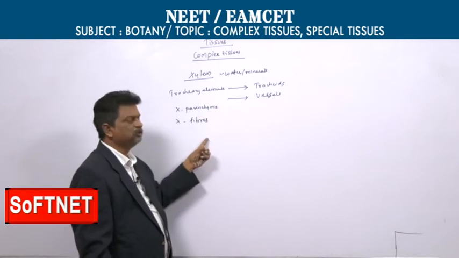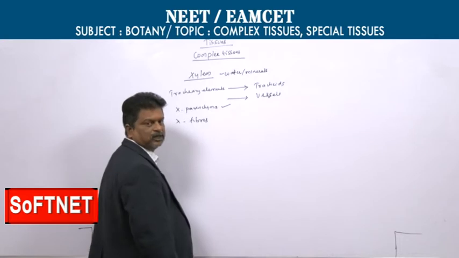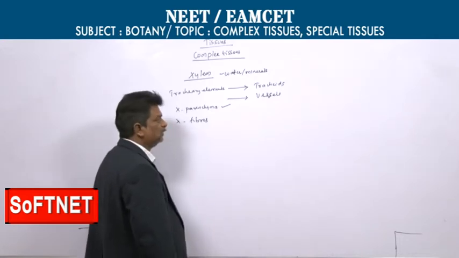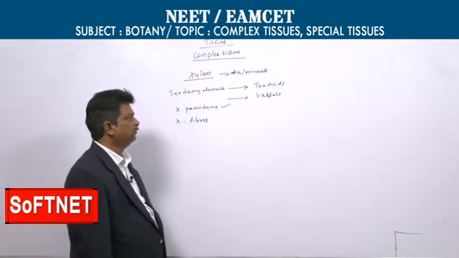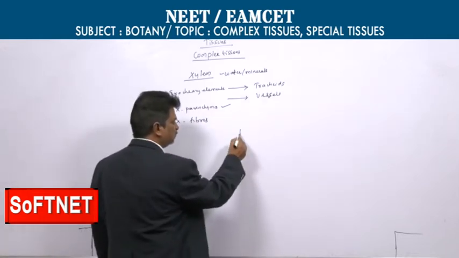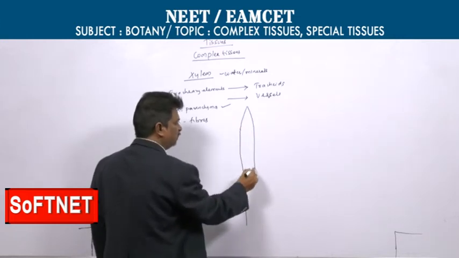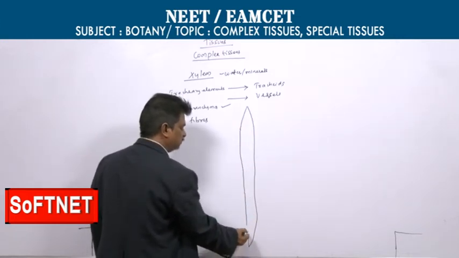Complete xylem is dead tissue, but the living tissue of xylem is xylem parenchyma. Then first one, tracheids, the primitive conducting elements.